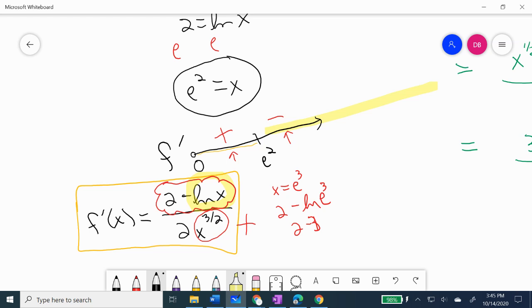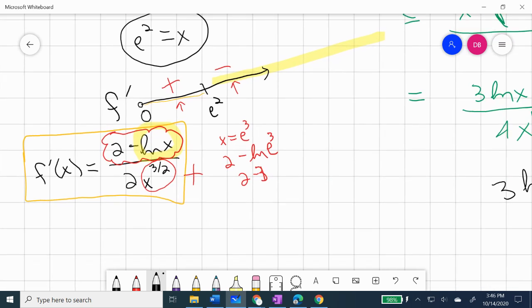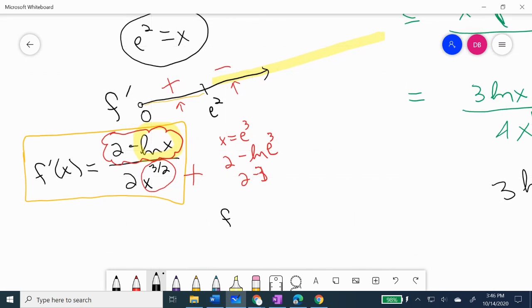So I can now conclude that my function f is increasing from 0 to e squared. And again, I'm not going to include my endpoint for increasing, decreasing. F is decreasing if I am larger than e squared onward to infinity.